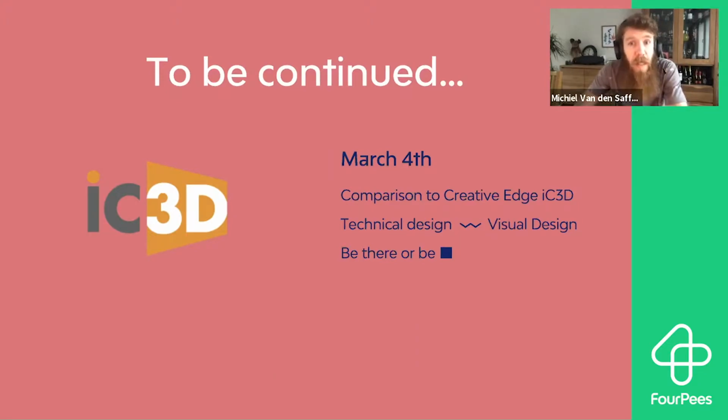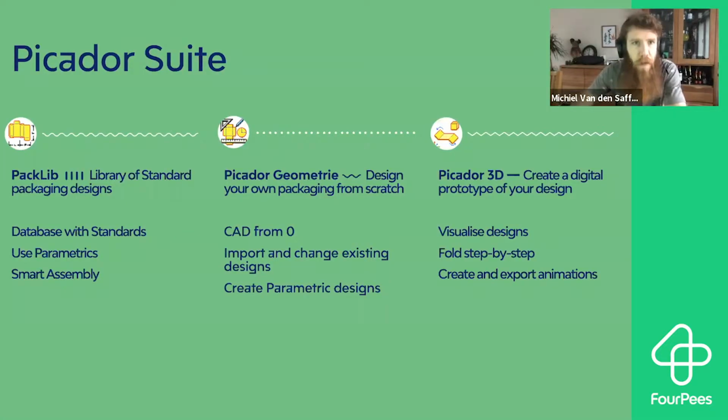And with IC3D, you're always looking at how to create a visually stunning box that can be used to create digital photographs. So you can create photorealistic results for all kinds of packagings, and then add all kinds of finishing effects to them, which is also a really cool feature. But today is about Picador.